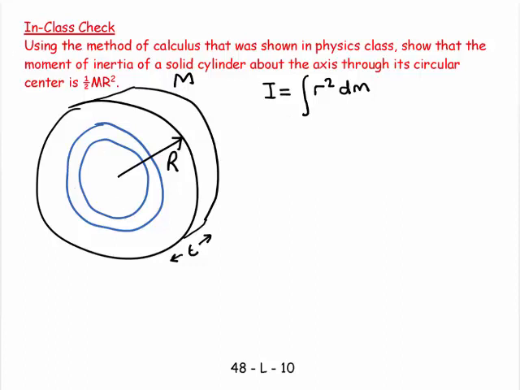So I say to myself, well, okay, I have an r value, that's where my slice is, and I have a width to my slice, which is dr, and I think I'm off to the races. What I say is, the little bit of mass which is in this sleeve.